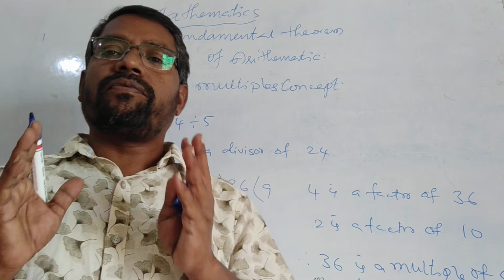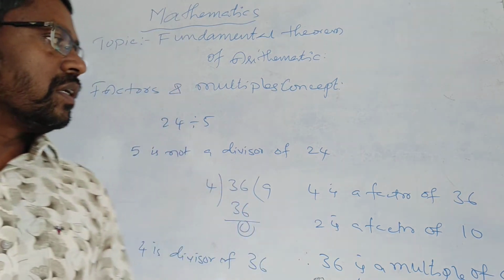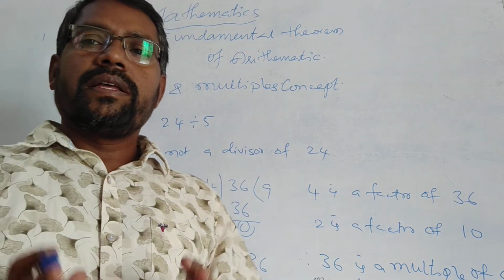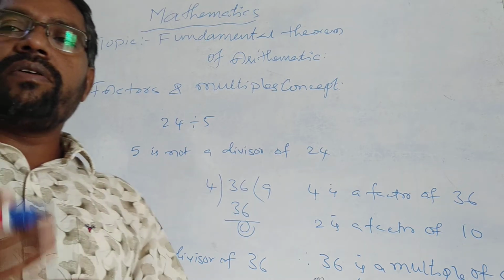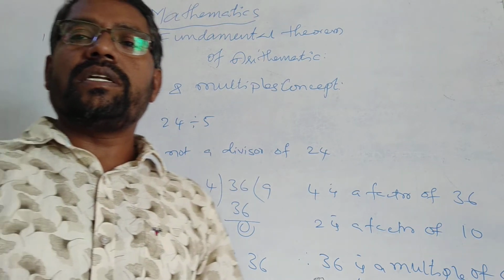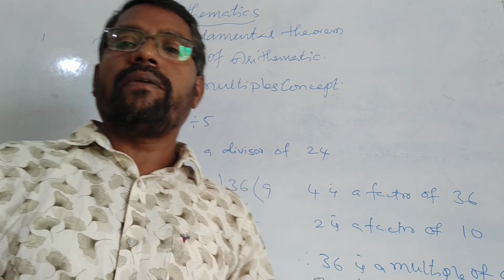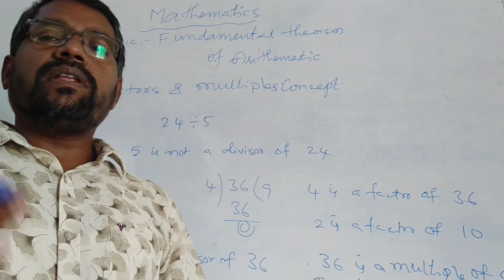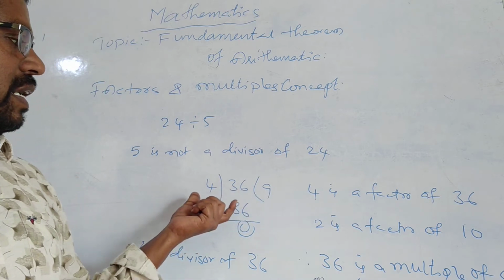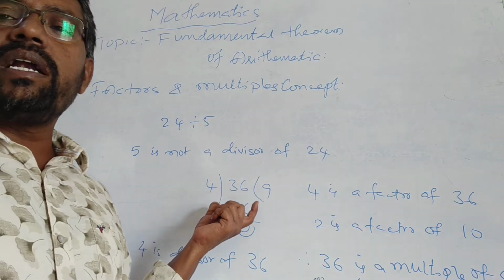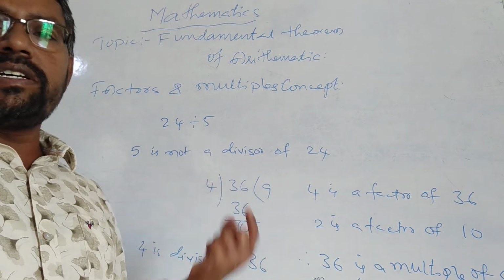This is a simple concept. What is the meaning of a factor and a multiple? You should understand clearly. An easy way: the tables you learn by heart and write are nothing but multiples. The numbers which divide exactly are called factors or divisors.